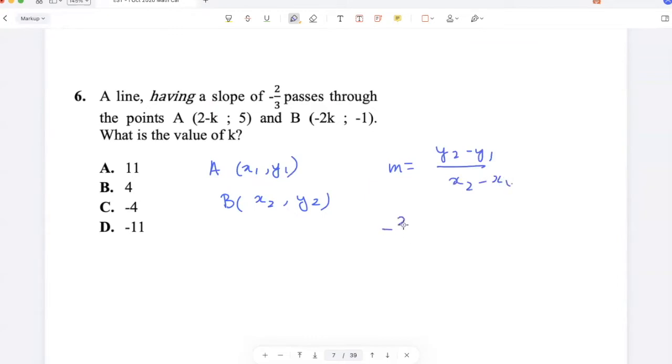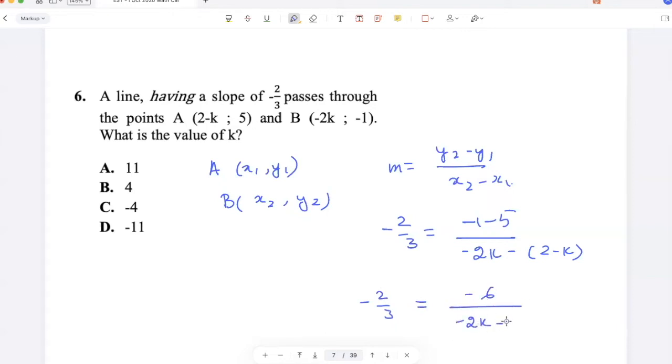So the slope is negative 2 by 3, which equals minus 1 minus 5 over minus 2k minus of 2 minus k. Okay. So that becomes minus 2 by 3 equals minus 6 divided by minus 2k minus 2 plus k.